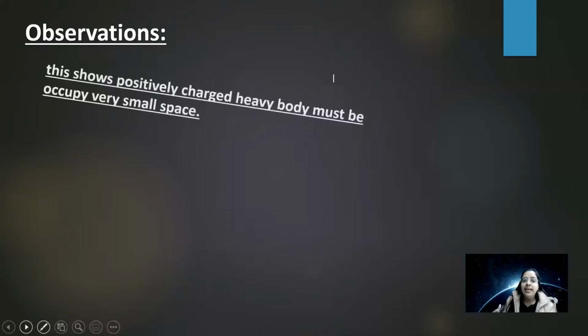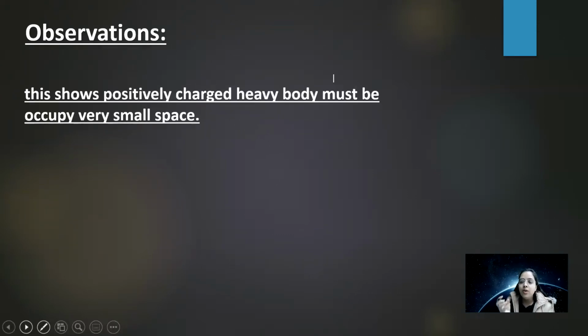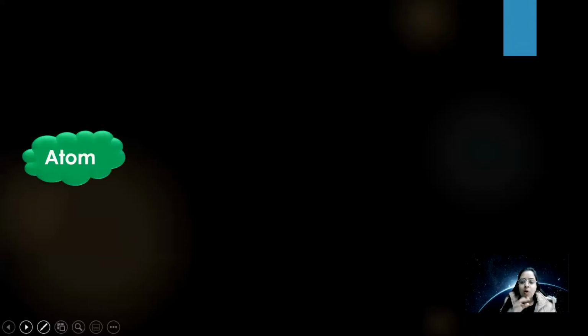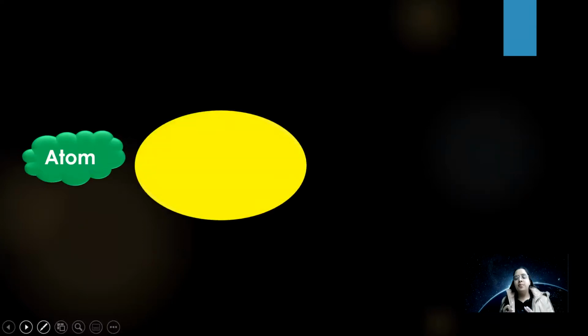That means that the positively charged heavy body must be occupying very small space, right? If it is present in very small space, only in that condition will few particles interact with that body, right?